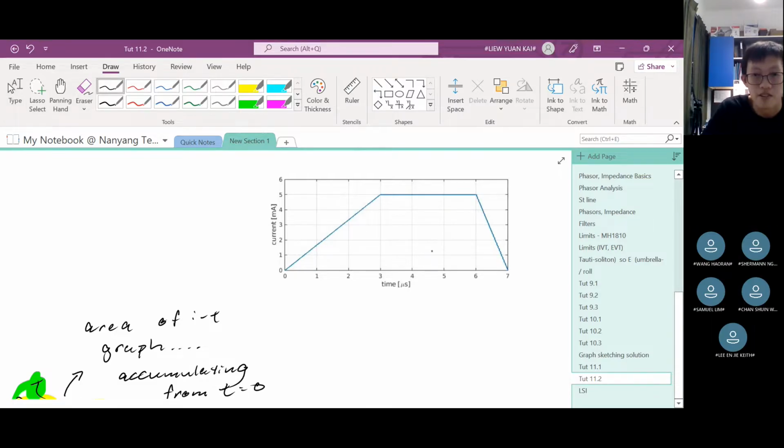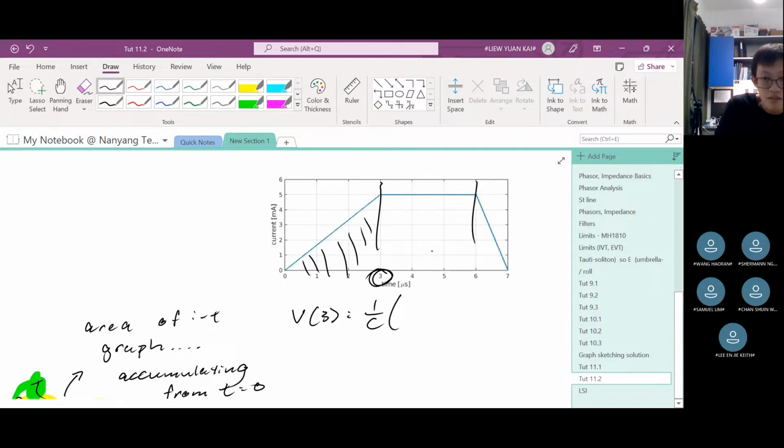So let us find the area for these segments. So I'll cut up the segments like this, like this. We need to find this area first, right? So if I want the voltage up until here, which is until 3 seconds, so V of 3, that means I take 1 over C multiplied by the area from t equals 0 to t equals 3, right?